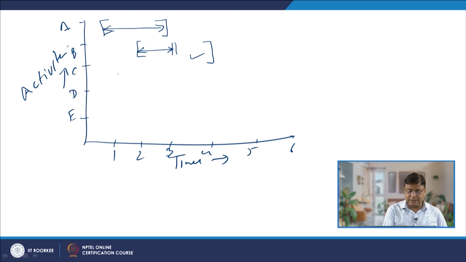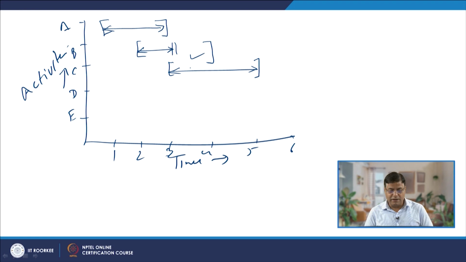Then say activity C started after the third week and continues to the fifth week. If it is shown in this manner, it indicates that the entire C activity has been completed, and this is the incomplete portion of activity B. So, this is how it shows.